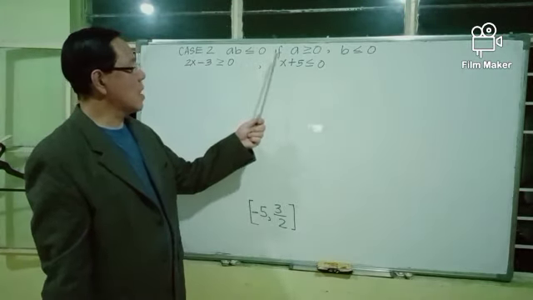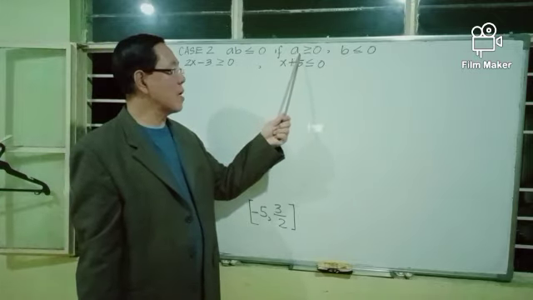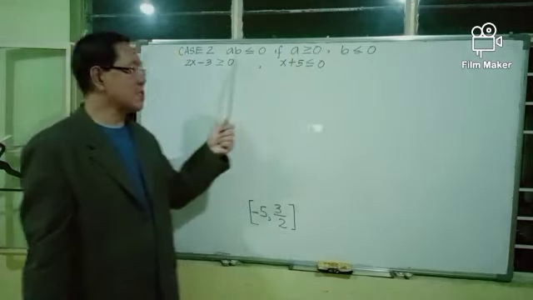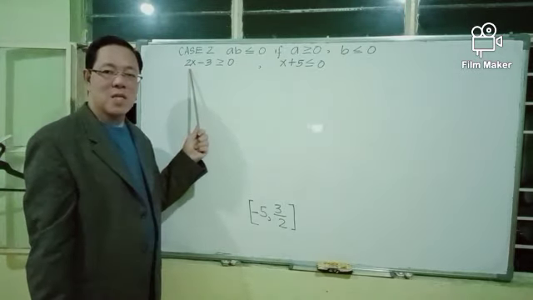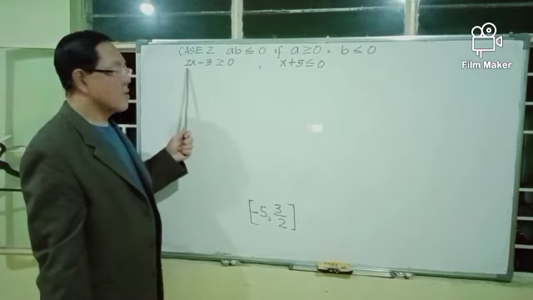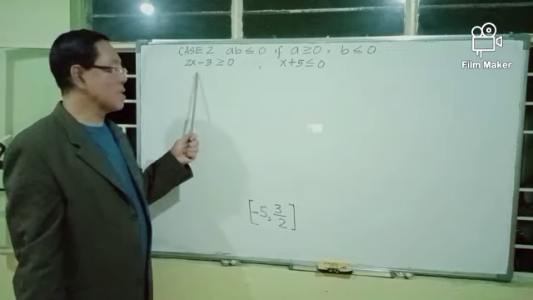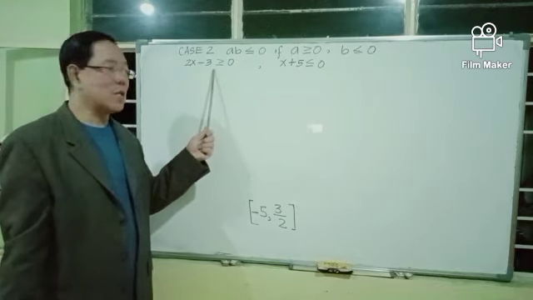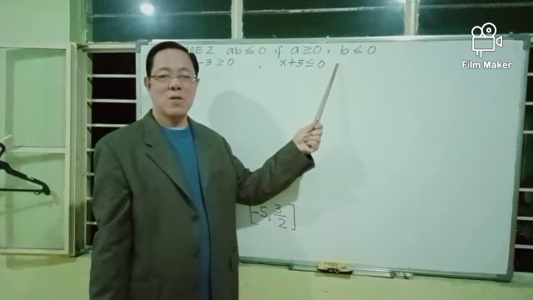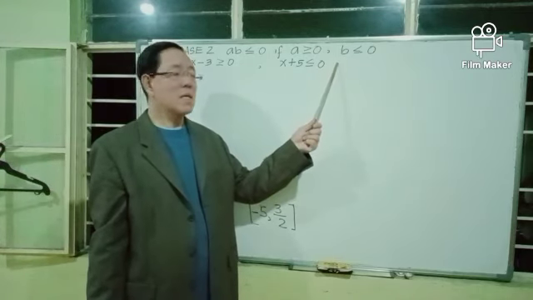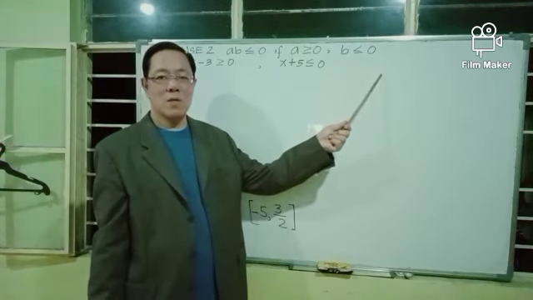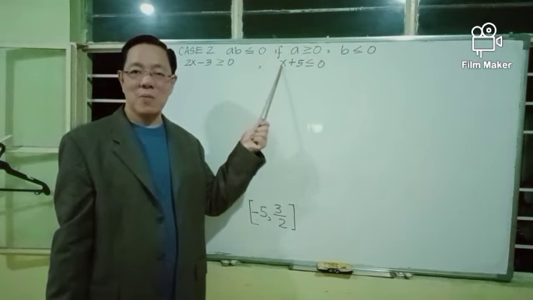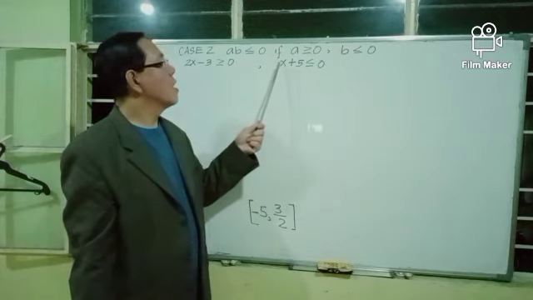For case 2, we now take the first factor A greater than or equal to 0, where A is the first factor of the quadratic expression given. The first factor is 2x minus 3, and we now take this as positive, or greater than or equal to 0. And the second factor, B, is less than or equal to 0. In our example, B is the second factor of the given quadratic expression.